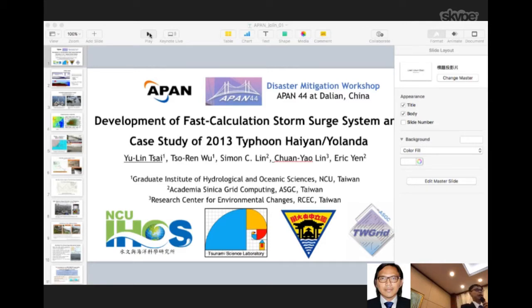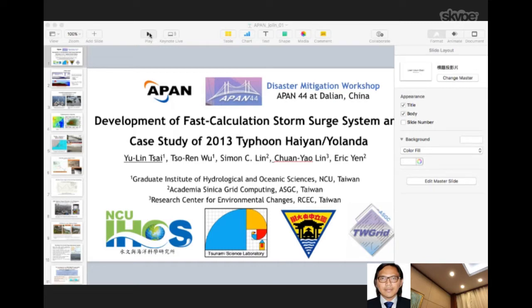In the first part, I would like to introduce some background of storm surge. Maybe yesterday you have already heard about some phenomena of storm surge. Storm surge is generated by tropical cyclones, storms, typhoons, or hurricanes, depending on where you are. In different countries, you have different names.